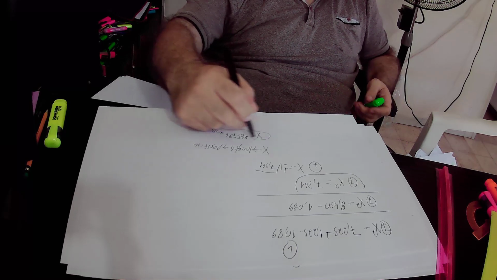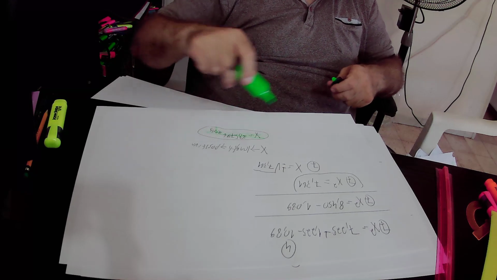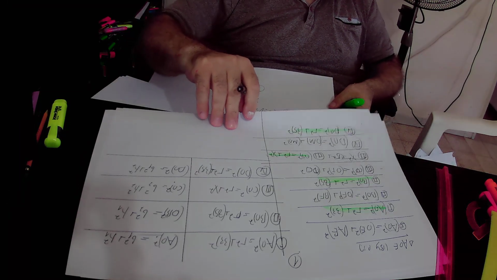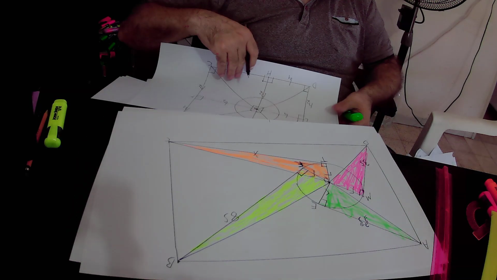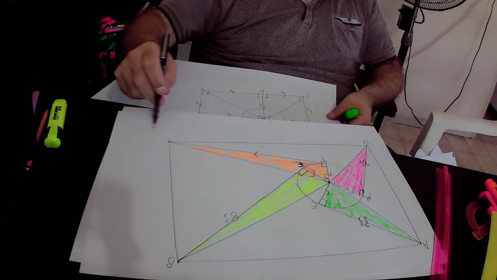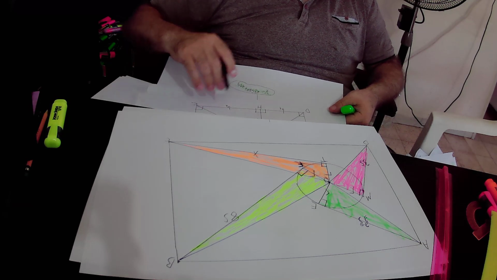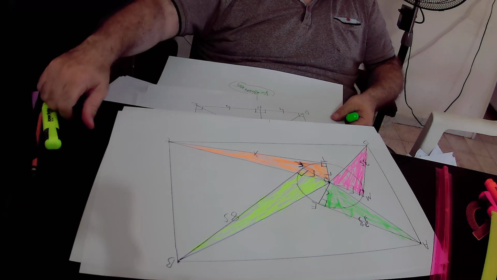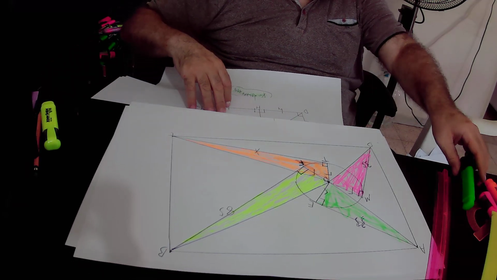So we found out in conclusion, the answer to the question is that the length of this line segment X is equal to 85.796 units. So we finished with the first question.